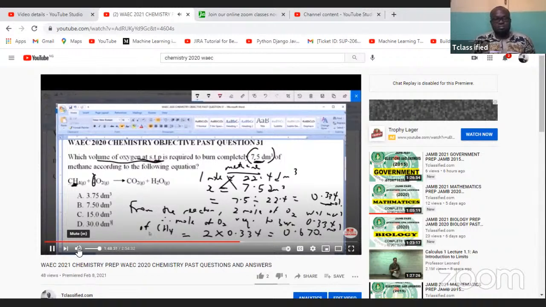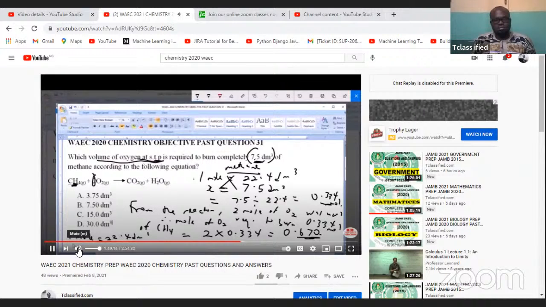and that is 0.670. Now, back to our molar volume. Remember, molar volume, 1 mole is equal to 22.4 km cube. So, if 1 mole is equal to that, what is the equivalent of 0.670 mole? That is the volume represented by this number of moles.